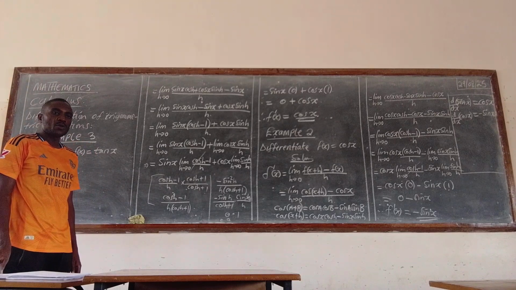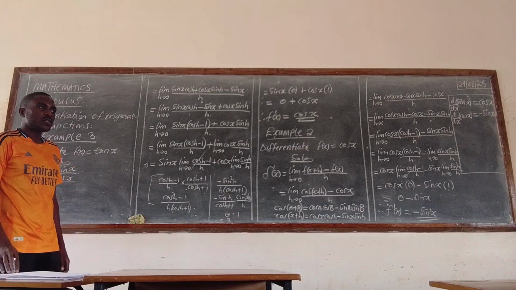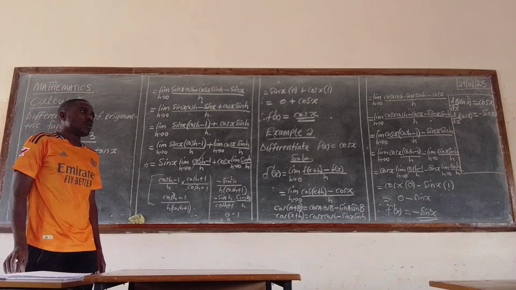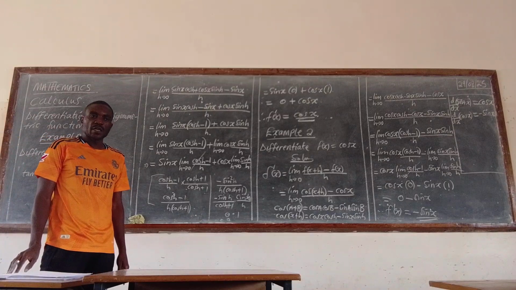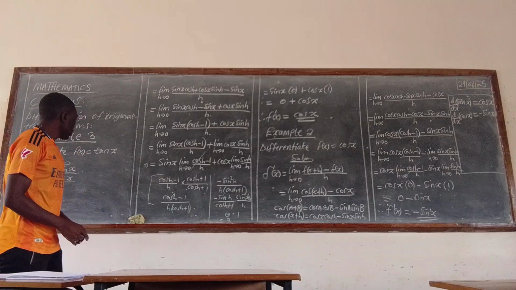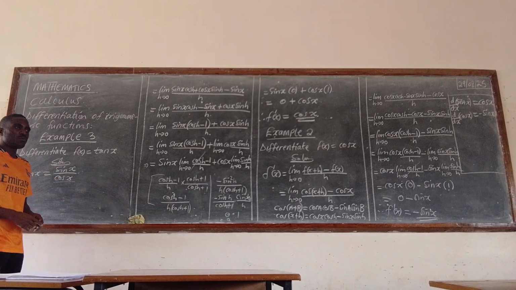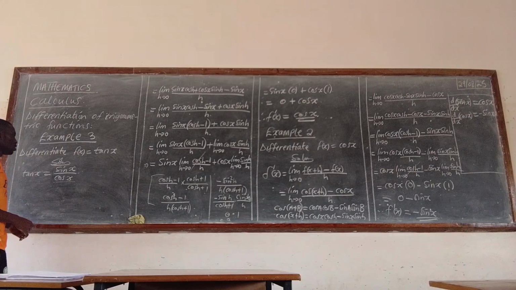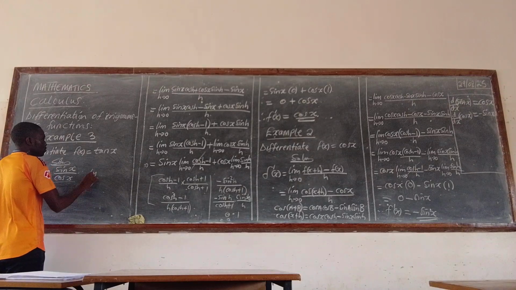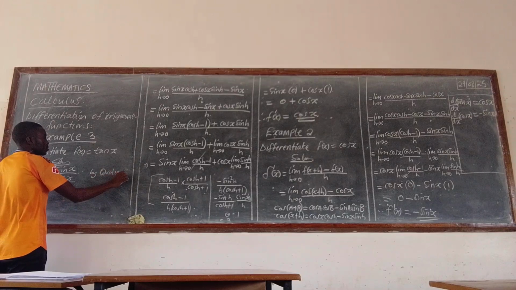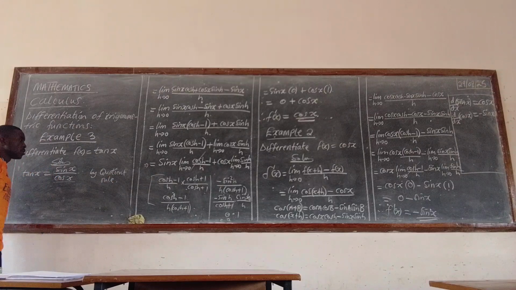All those are methods or ways which we can use in order for us to find the derivatives of the trigonometric functions. Now on this one, this division means we're going to use quotient rule.